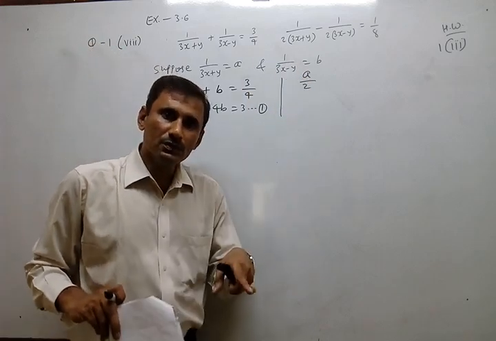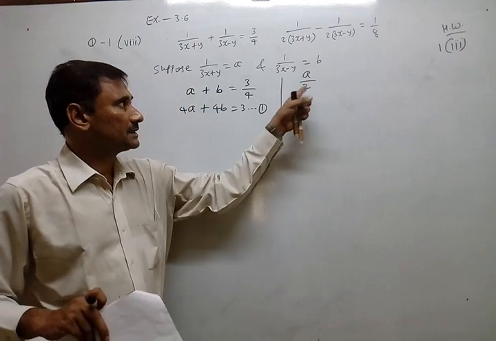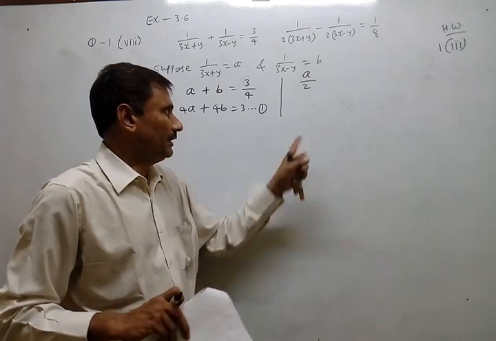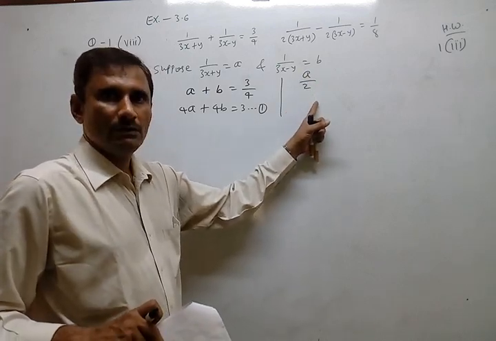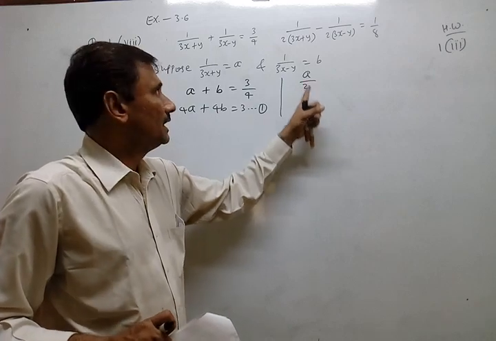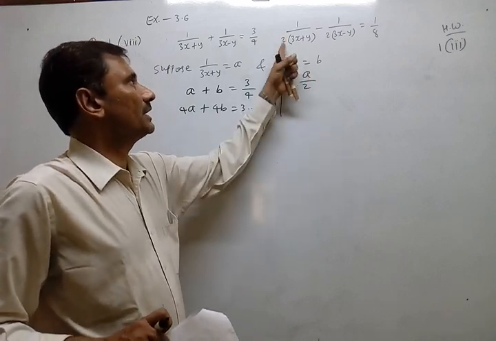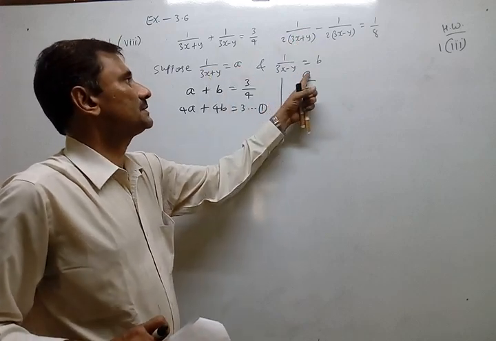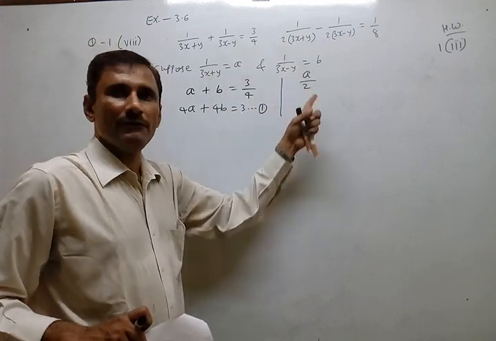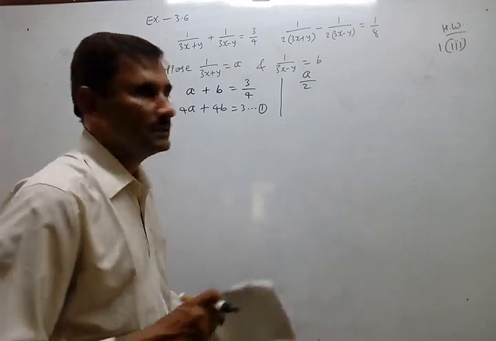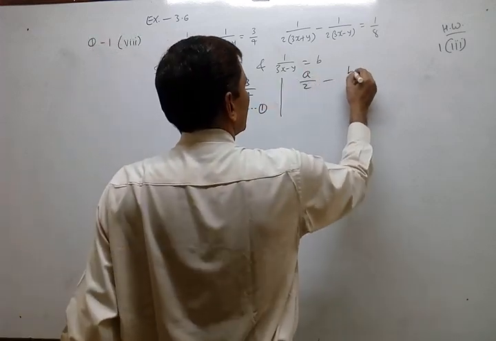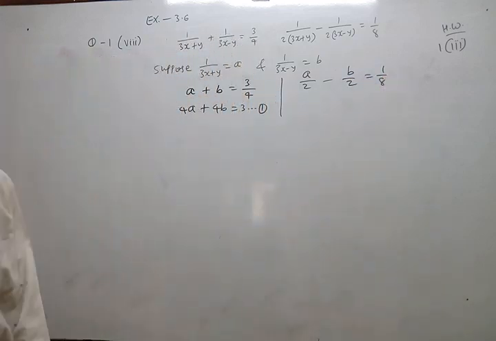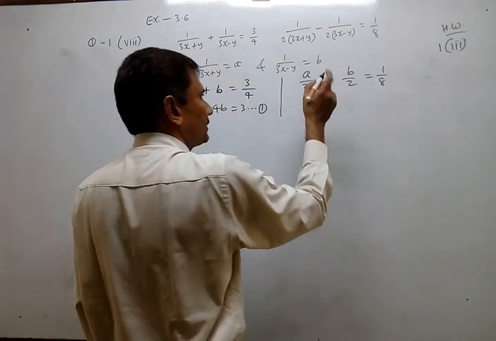Remember, you are also going to make this type of mistake in a regular test, so be careful. I am telling you in advance. Many times I noticed many students write it wrongly; it is not 2a, it is a by 2. Why? Because in place of 1 upon 3x plus y, a is placed in the numerator, but 2 remains there only. And here, b upon 2 equal to 1 by 8. There also 2 is in the denominator.